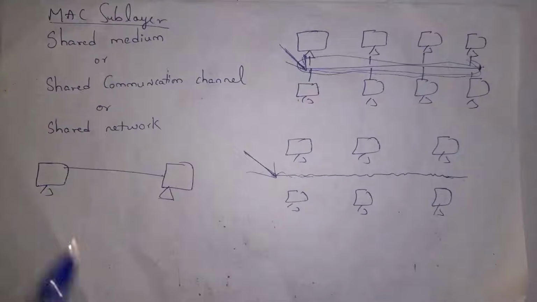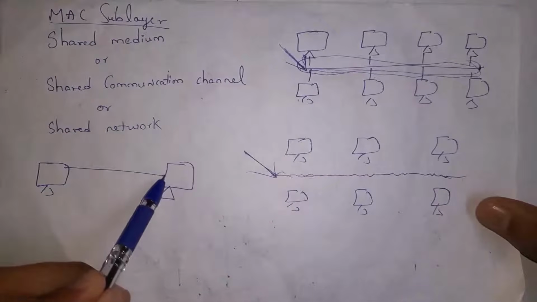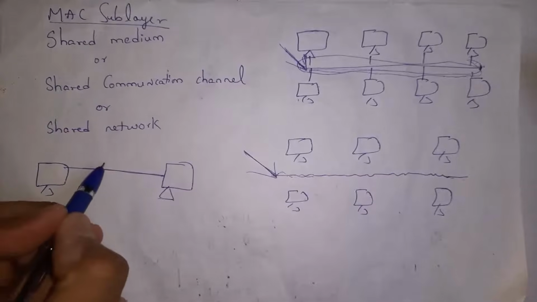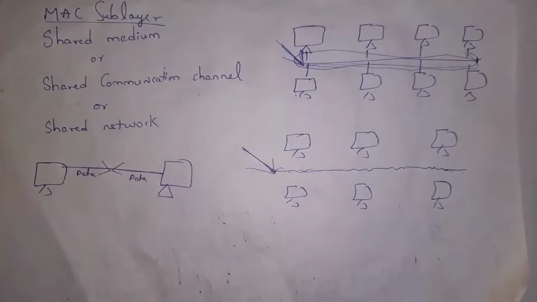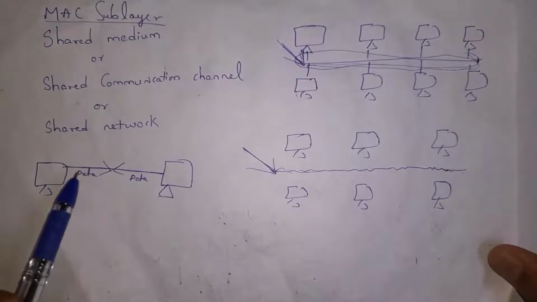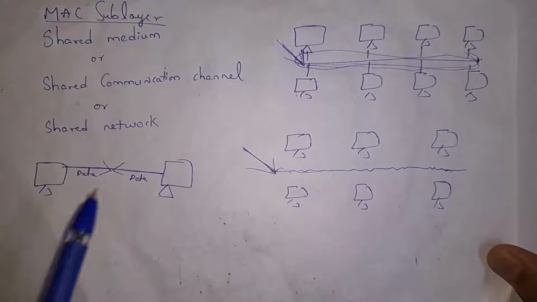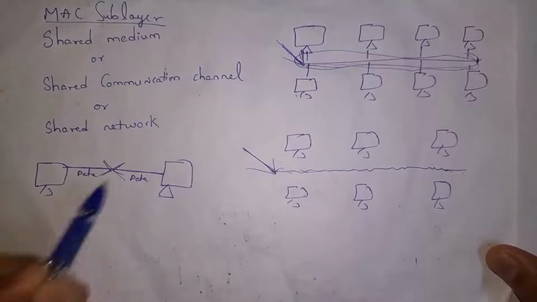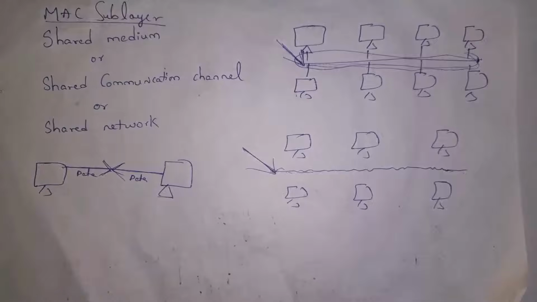For example, there are multiple computers connected to a shared network like a single cable, and two computers send data at the same time. Then collision will occur. Collision is nothing but interference. Whenever two computers send data at the same time, collision will occur and data will be lost. So this data will be lost and that data will be lost, and both computers will not receive data.